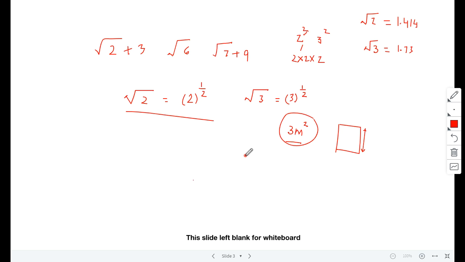What's the formula for area of a square? Length times width, like a rectangle's length and breadth. And since length and breadth are both the same in a square, it's L squared. Now L squared is given as 3. Then what's the value of L?